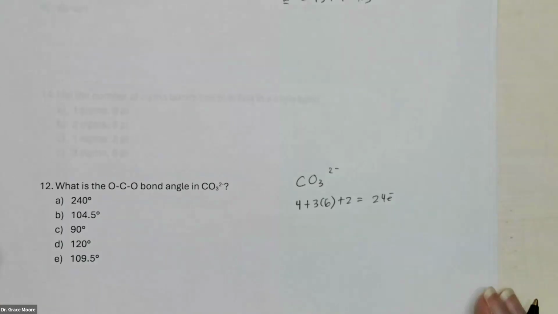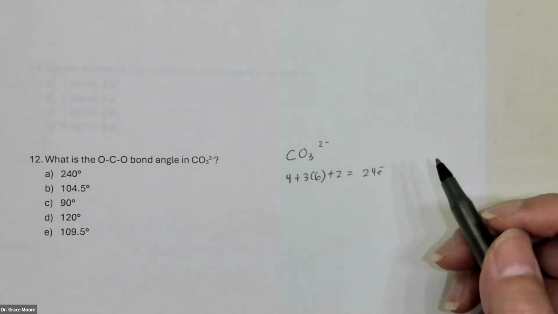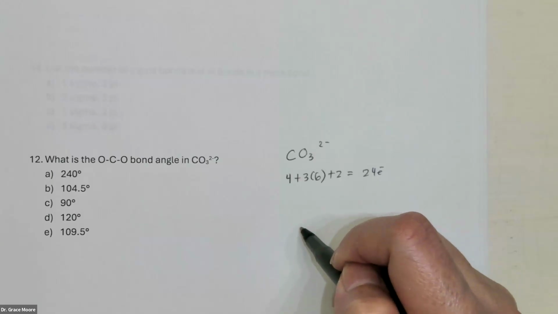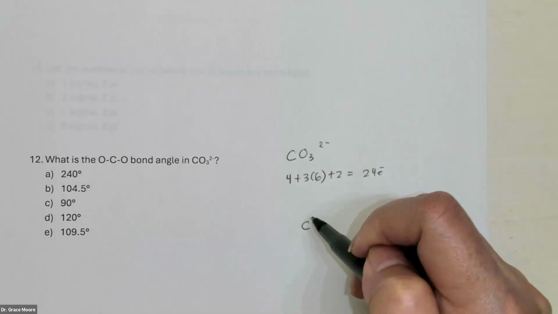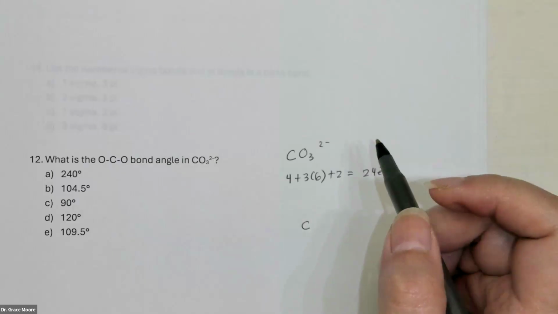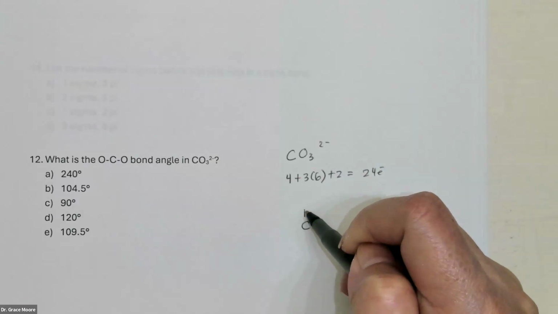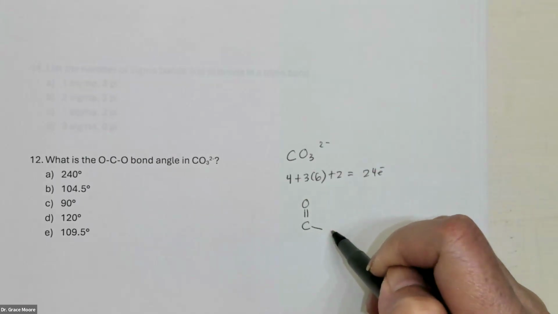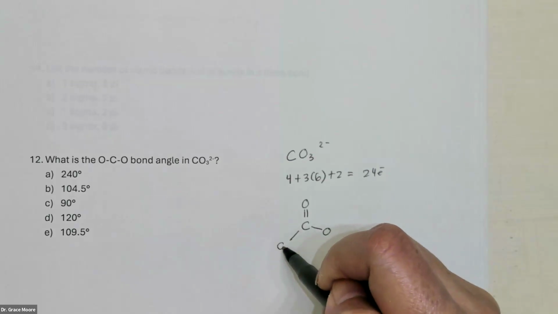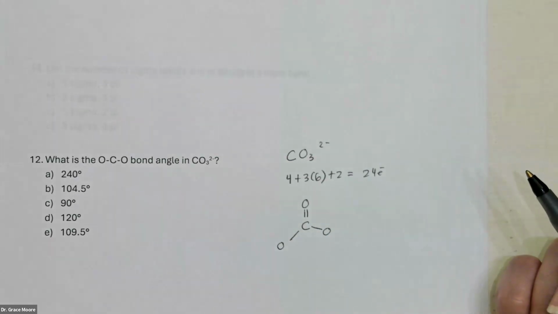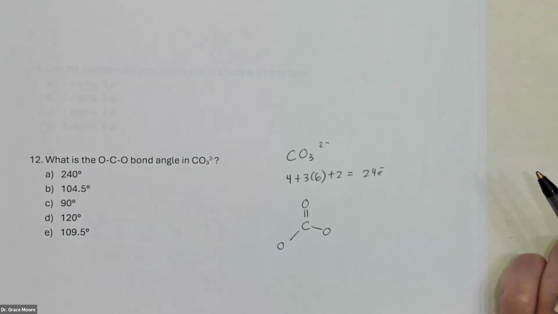Now, if you remember, we did draw CO3 2 negative in our examples from class. And you'll have to remember, this is one of those that has a resonance, but you can't decide where you put the double bond, because if you didn't do a double bond, you would end up with 26 electrons, and that's wrong.